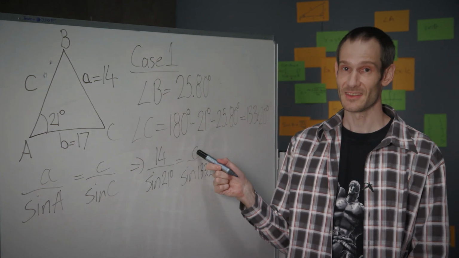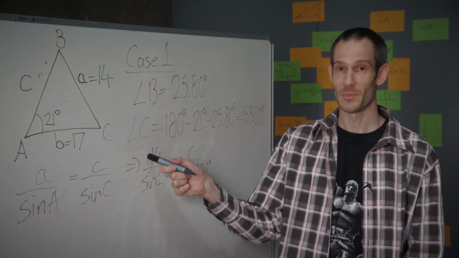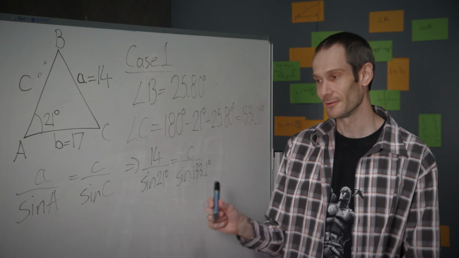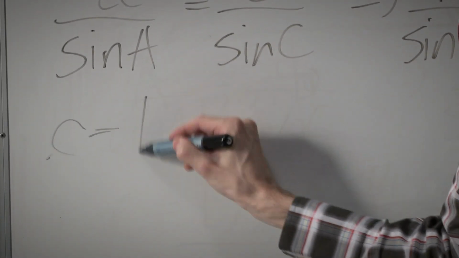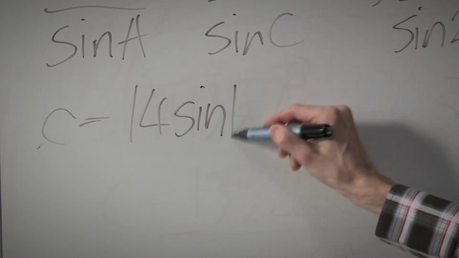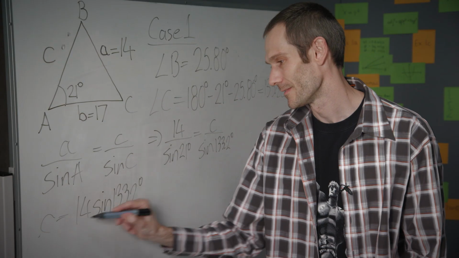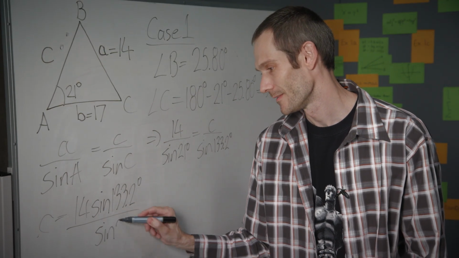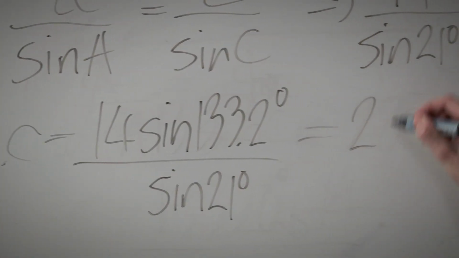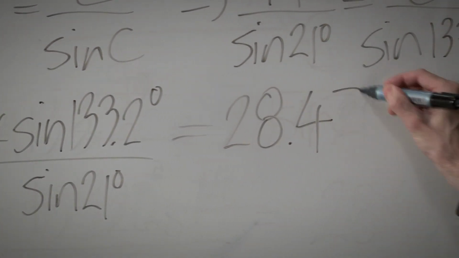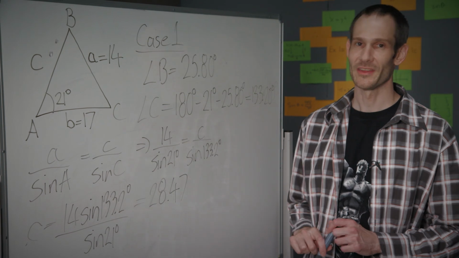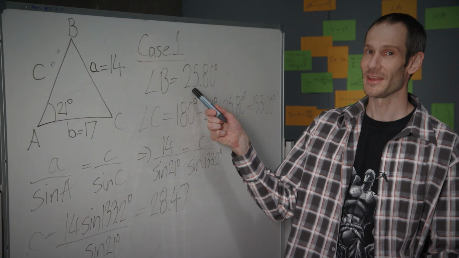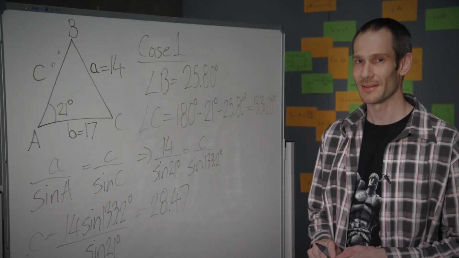Making c the subject of the equation, I'll multiply both sides by the sine of 133.2 degrees. Evaluating this gives us our side length c. So here we solved our triangle using the case when the angle at B is equal to 25.8 degrees.